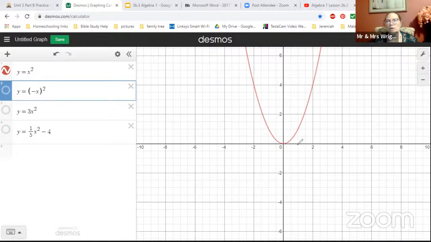So if I go over 1, instead of being up 1, it's going to be 1 times 3. So my y value is being multiplied. My point here is 1, 1, right? But my point for 3x squared is going to be at 1, 3 right here.